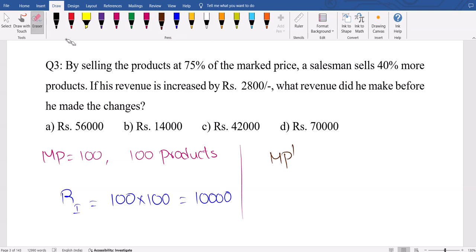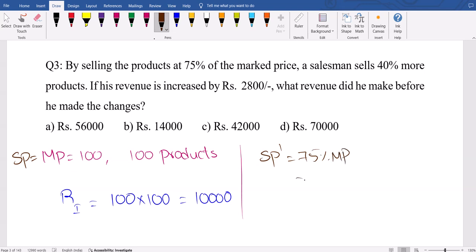Selling price and market price were both equal earlier, no discount, but now you are selling it for 75% of market price, which means 75 rupees. And the number of products sold increased by 40%, so now 140 products are sold.